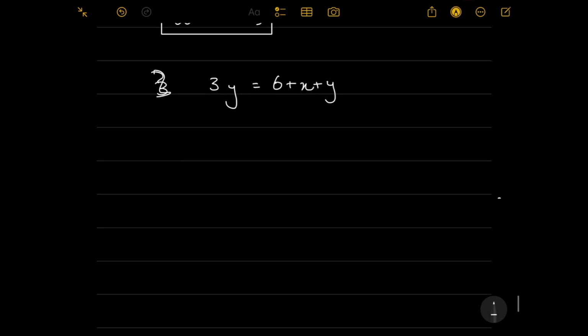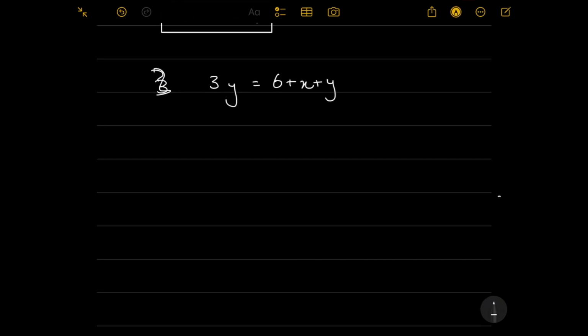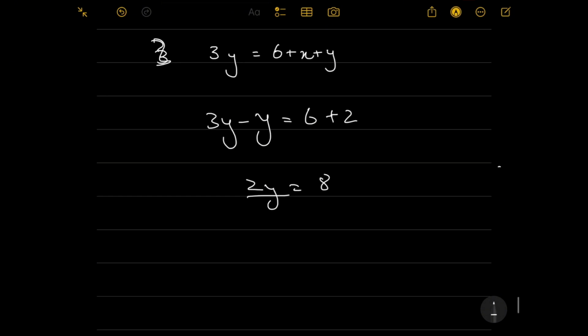We know that x equals 2, and also we subtract y from both sides, so 3y minus y equals 6 plus x, x is 2, so that's 2y equals 8, and then dividing on both sides by 2, we'd get y as 4.